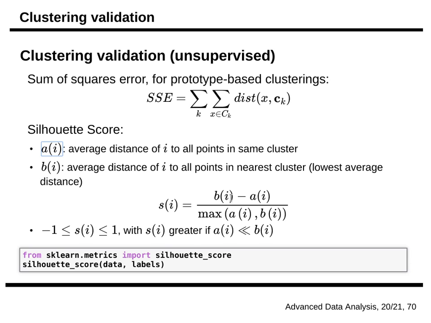B is the average distance between point I and points in the nearest cluster, so the one with the lowest average distance. And now we can compute the difference between these two, so the distance to the nearest cluster minus the distance to the points within the same cluster, and divide by the largest of the two.